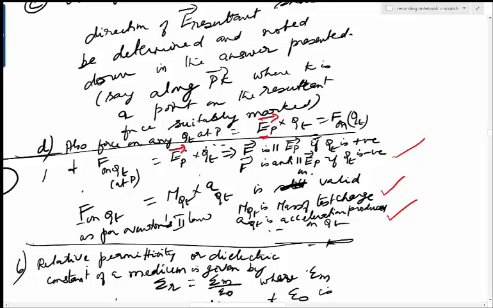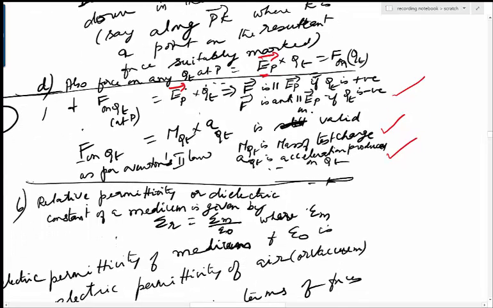Whatever be the force, F is equal to ma. Therefore, in any given problem, if you are given the mass of the test charge, you can easily find out what acceleration it will be subjected to and what distance it will travel in a given time, what will be the path it takes, whether a circular path or a straight line path or whatever it is, based on whatever we have studied as kinematics in the 11th standard class.